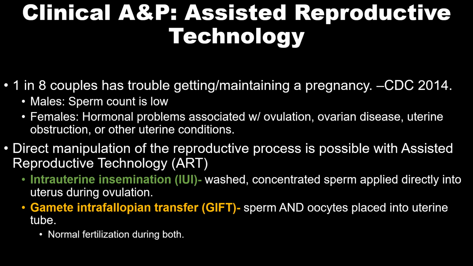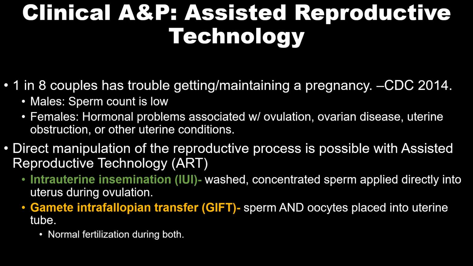This is where a male's sperm is collected, washed and stripped, and concentrated to be mostly sperm cells. This is placed directly into a woman's uterus at the time of her ovulation. These sperm are going to swim up the uterine tube and fertilize the oocyte.